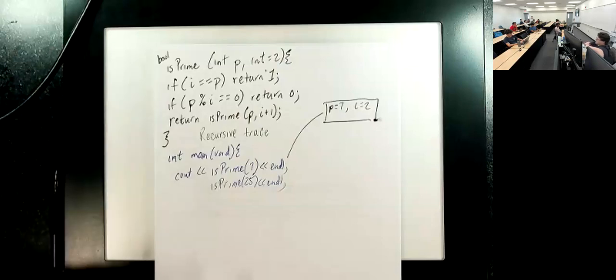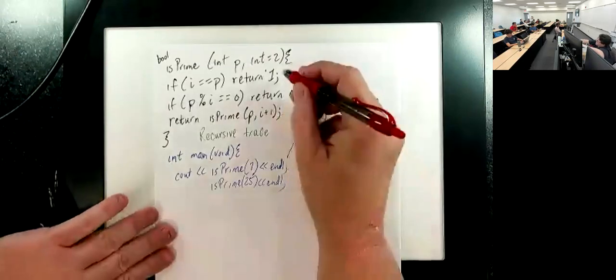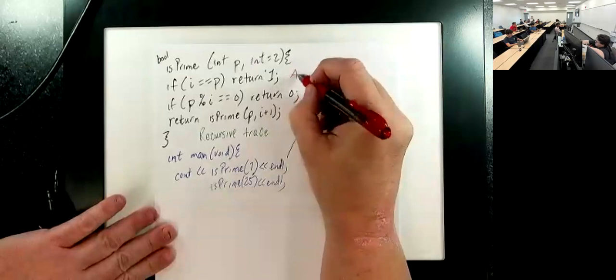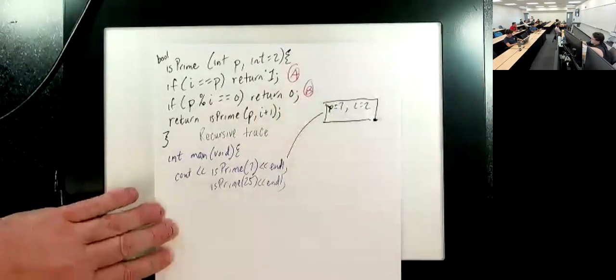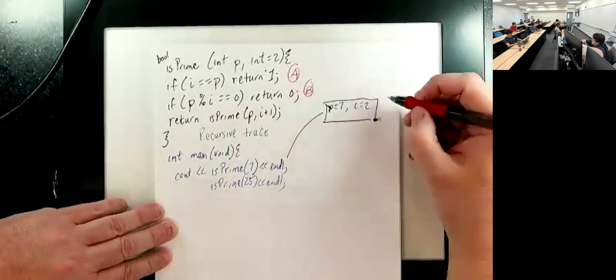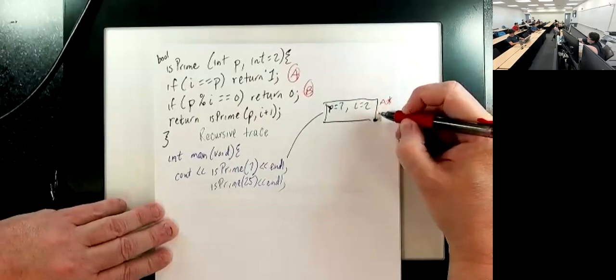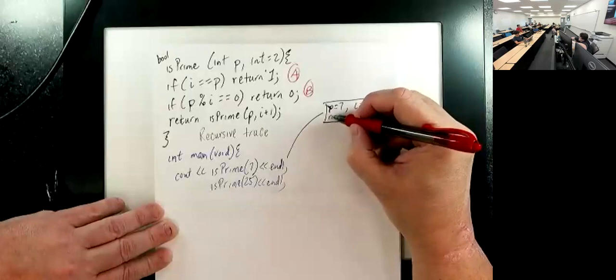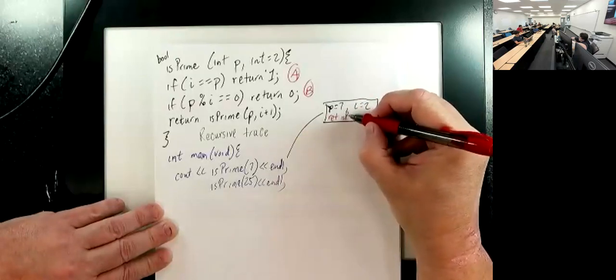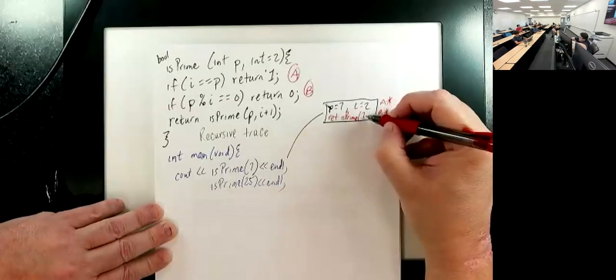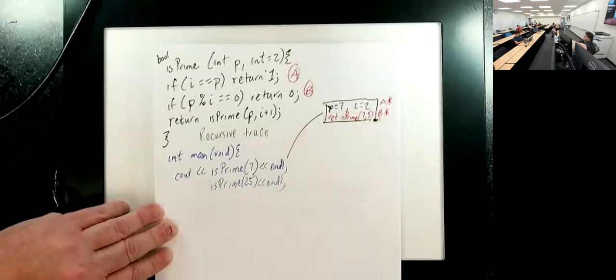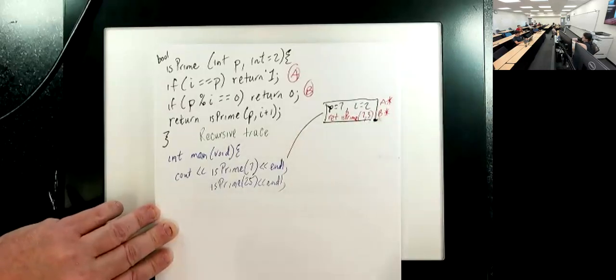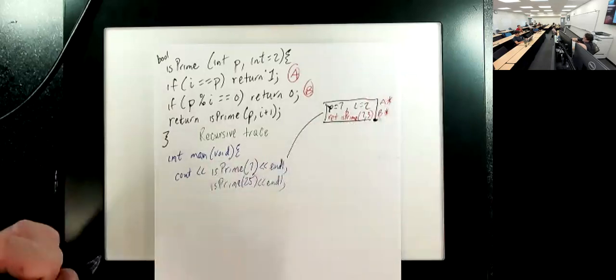And what it's doing is it's checking A and B. So A didn't work, B didn't work, and so it's going to return is prime 7,3.